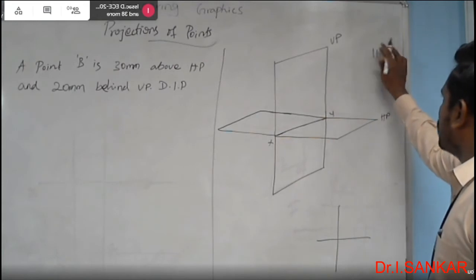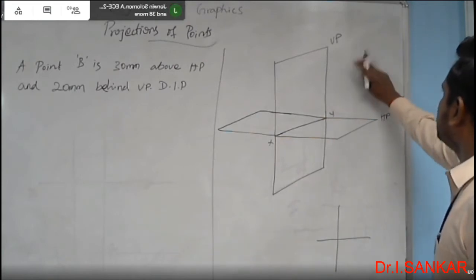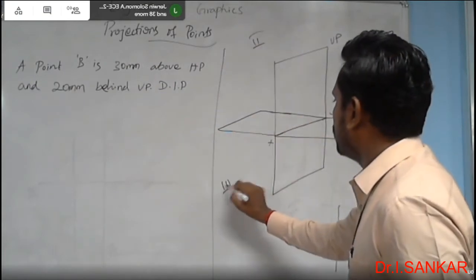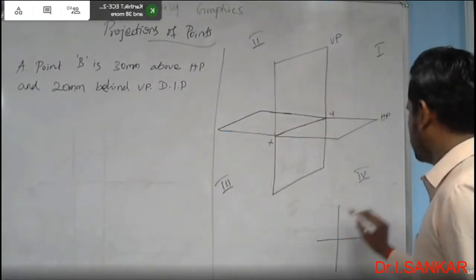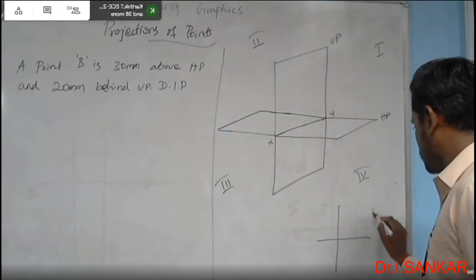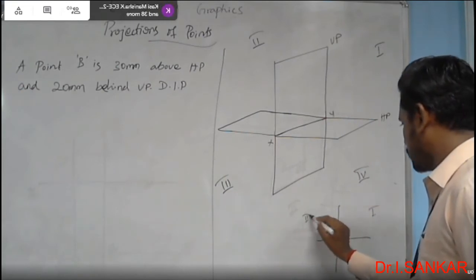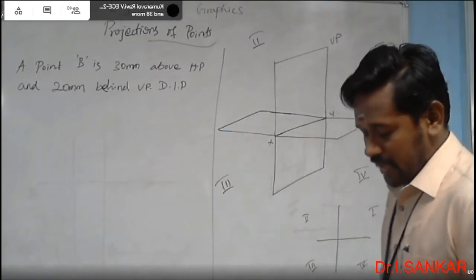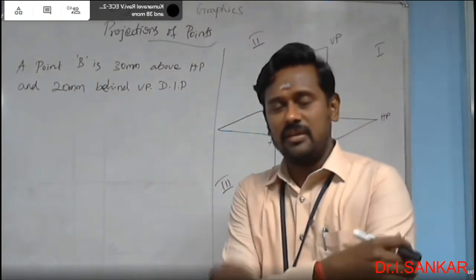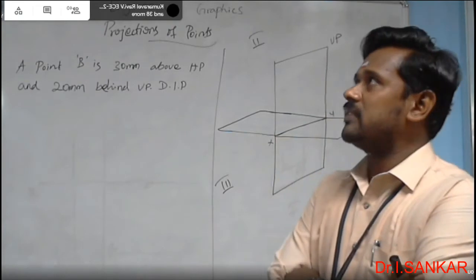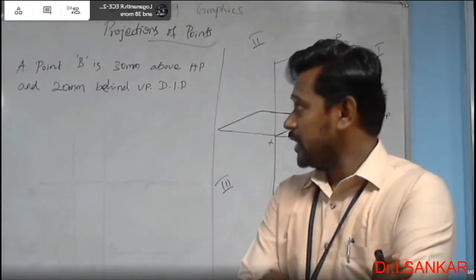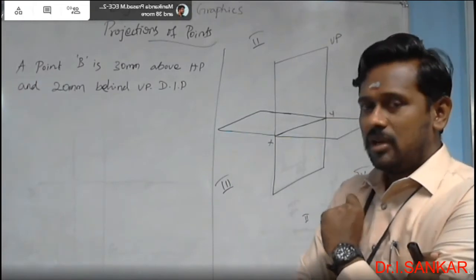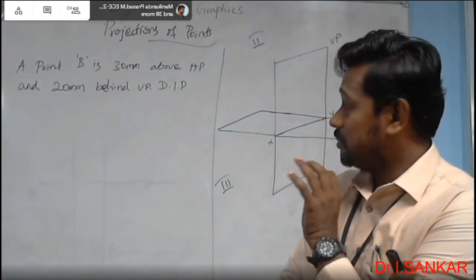It is the first quadrant, second quadrant, third quadrant, and fourth quadrant. First, locate where the point is located, whether in the first, second, third, or fourth quadrant. Point B is 30 mm above HP, 20 mm behind VP.